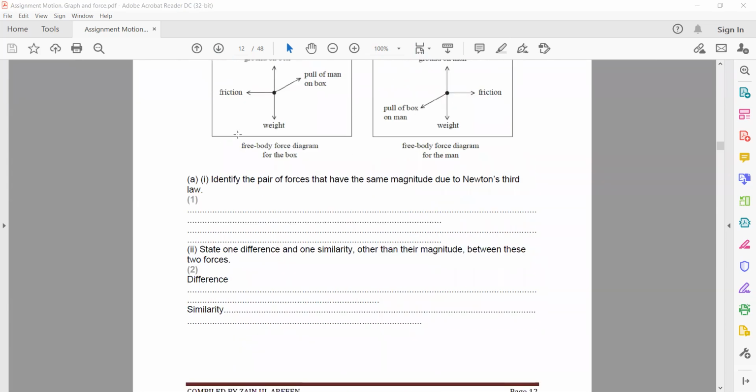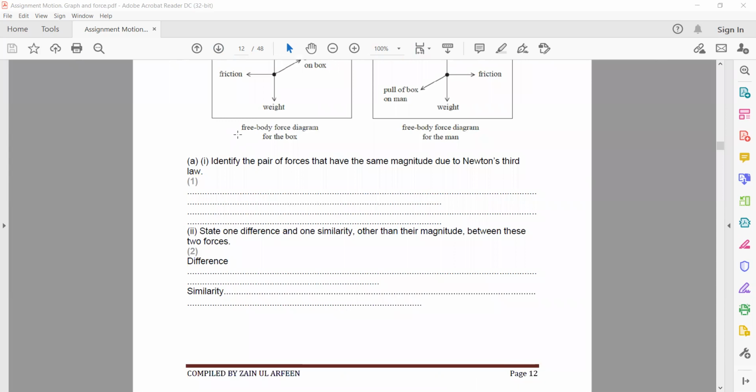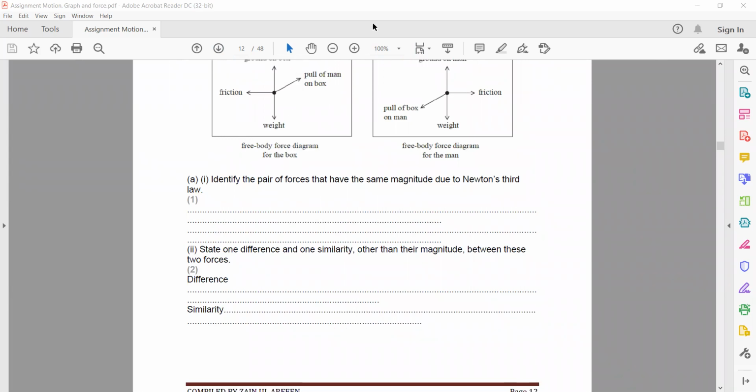Then state one difference and one similarity. So the difference: the directions are opposite. And what will be the similarities? Magnitude will be the same, but they already mentioned that they have the same magnitude, so you have to mention something else. You can mention they will have the same type of forces, or act for the same time, or the same line of action.